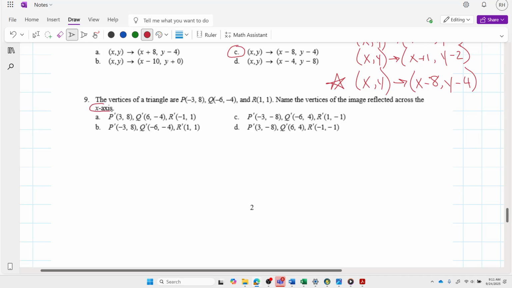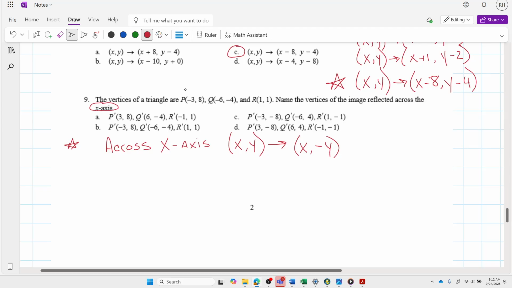So across the x-axis, the rule was for every xy, across the x-axis, we keep our x the same, and we multiply y by negative 1. So there's your rule. It's in your notes, and it's in the book.